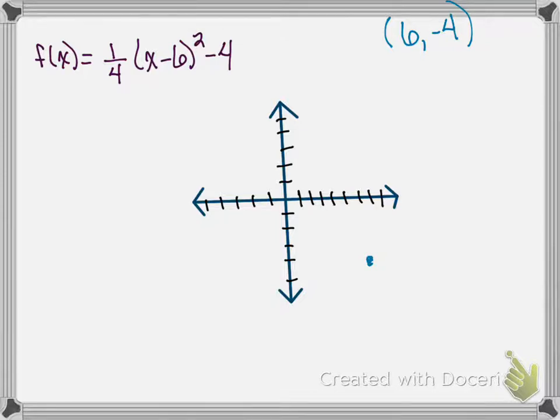Now, here's a trick. What's the denominator on that fraction? 4. The way to avoid having a fraction that you've got to graph is you make sure whatever you get right here is a multiple of 4, and the reason I picked a multiple of 4 is because of this denominator.